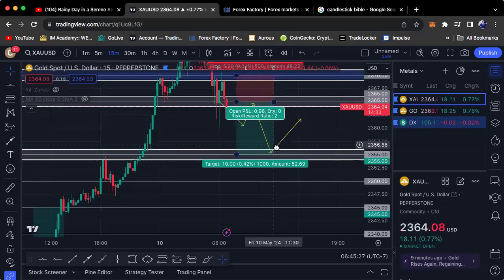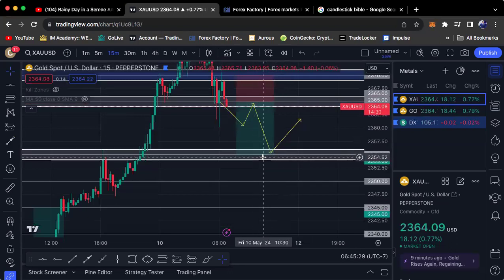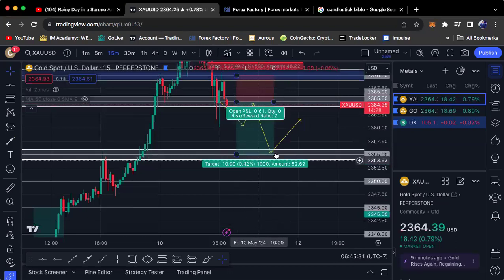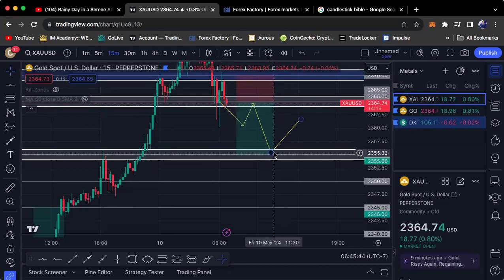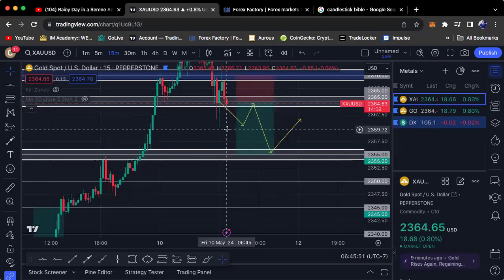If it gives you a bullish confirmation candle. Again, guys, when it touches a level, when it touches an area of interest, wait for the confirmation candles. Okay. Don't get into the trade right away as soon as it touches this level. No, wait for your confirmations. I don't enter the trade right away as soon as it hits my zone.